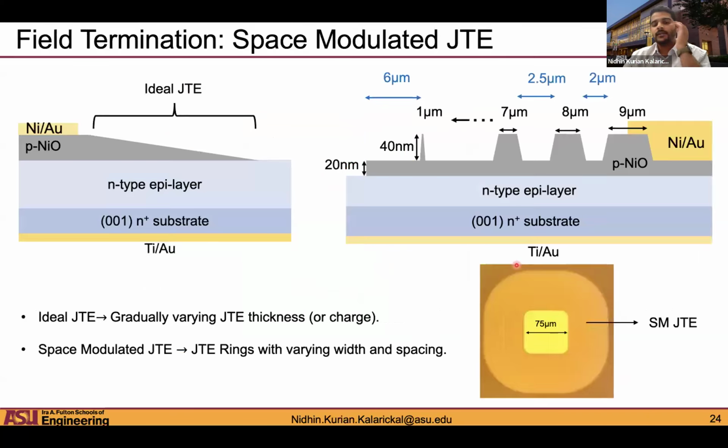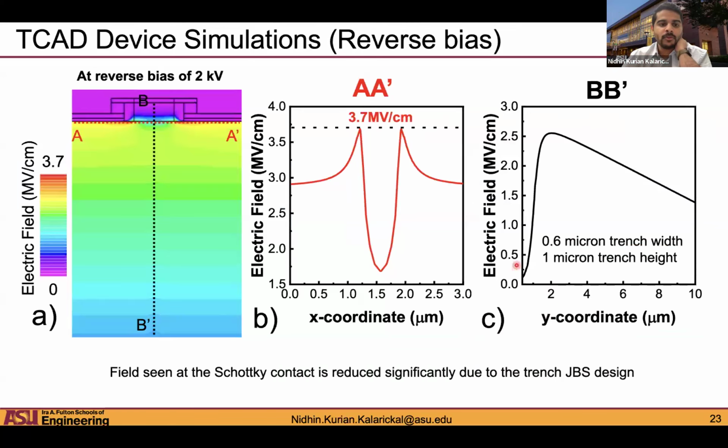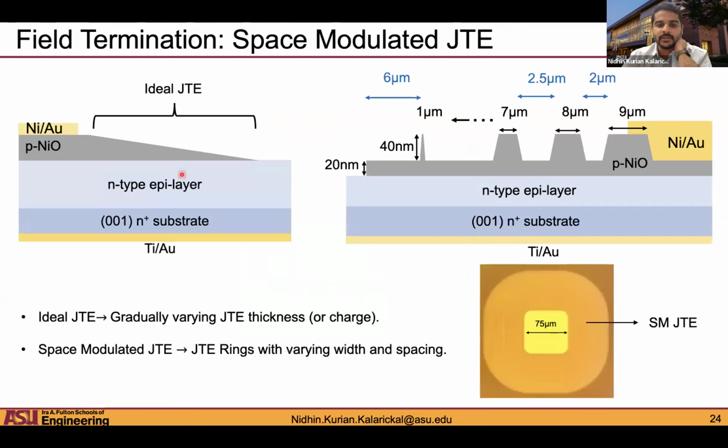Okay. Now, we've talked about controlling the field at this junction, but remember the device also has an edge, and you have to manage the electric field at the edge of the device also. In this specific case, we looked at what is known as a space modulated junction termination extension.